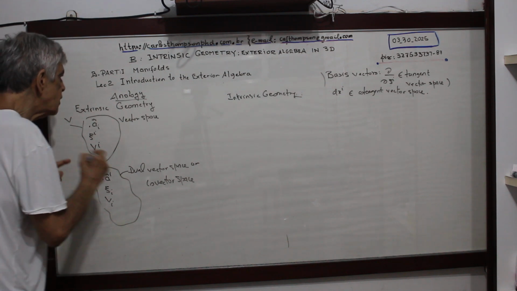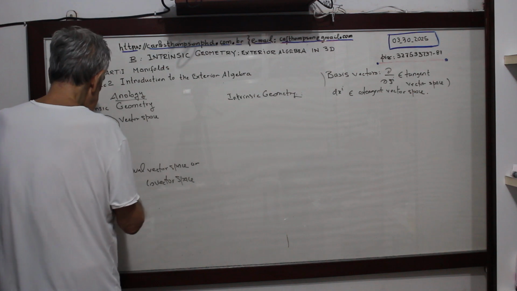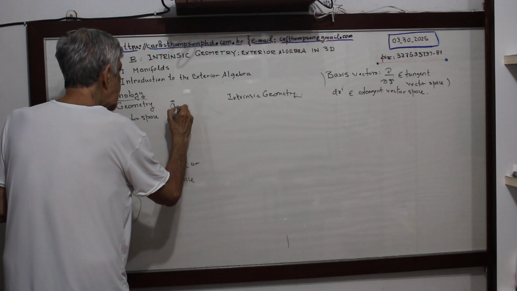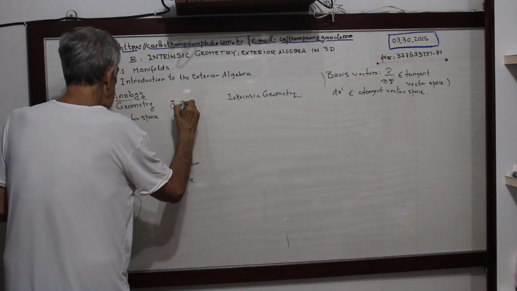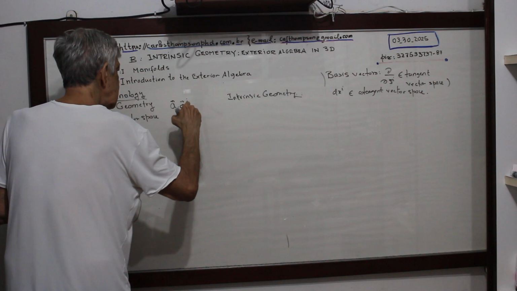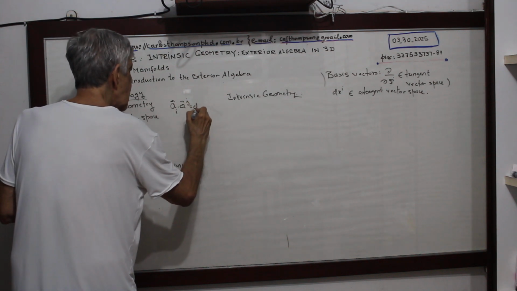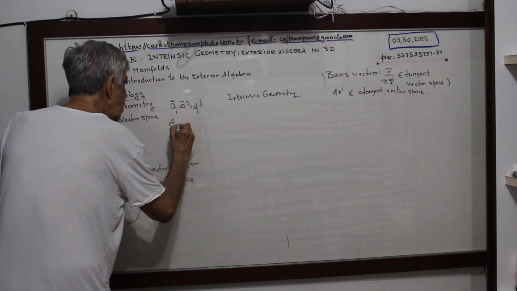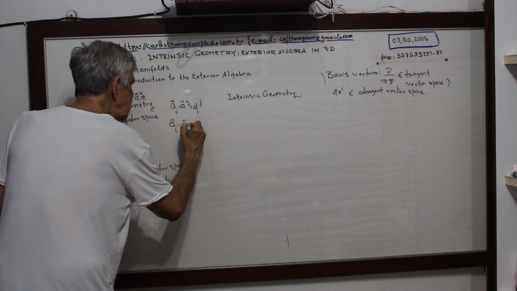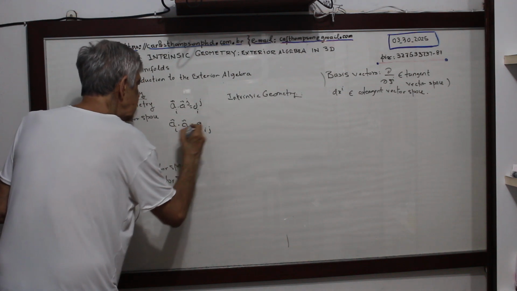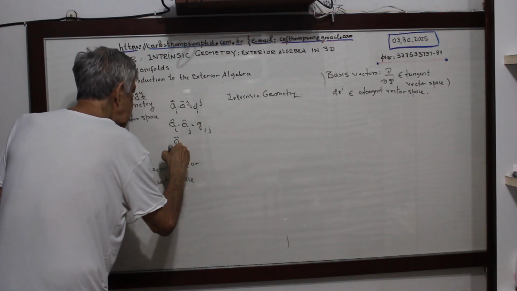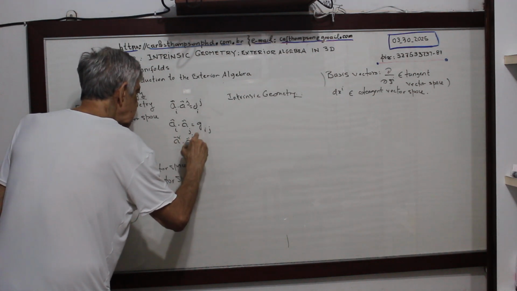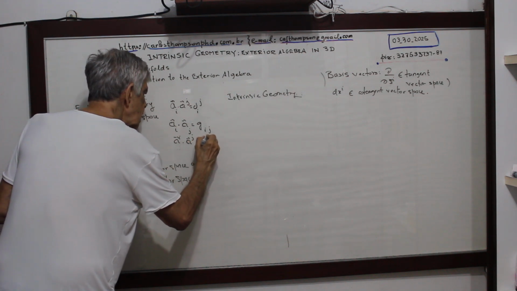Now, what is important is this. Still in the analogy here, we have Ai dot Aj is equal to delta ij. Also, Ai dot Aj is gij, and Ai dot Aj is equal to gij.